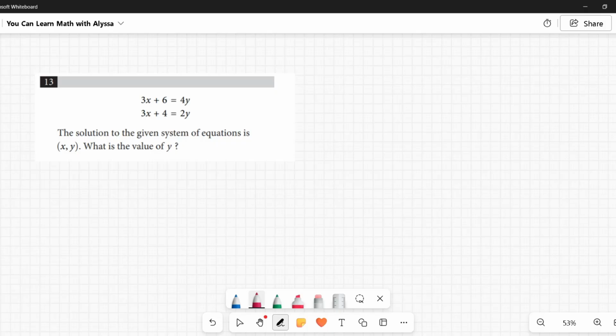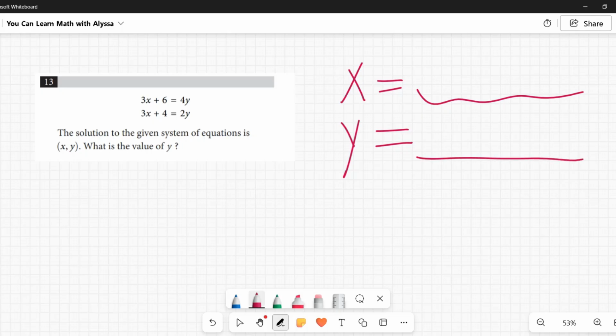That is graphing. Another way we can do this is through substitution. That's when you are given x equals or y equals something, or you take one of the given equations and transform it into x equals or y equals, then put what you get into the other equation.